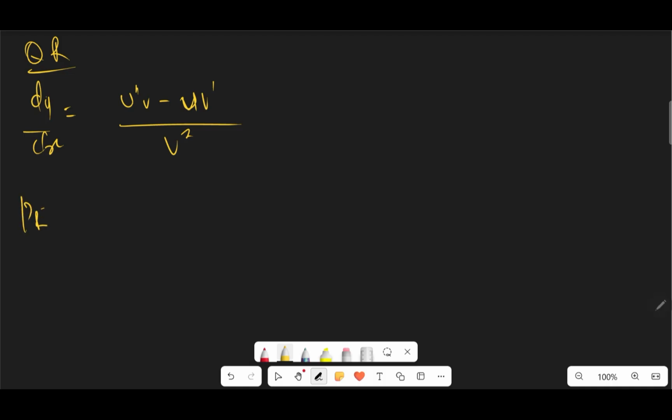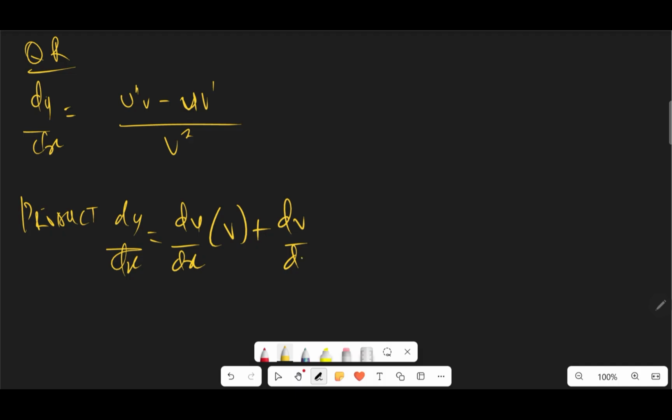The product rule was dy dx will give you du over dx multiplied by v plus dv over dx multiplied by u. But this time it is the same thing, except we are using subtraction and dividing everything by v square.